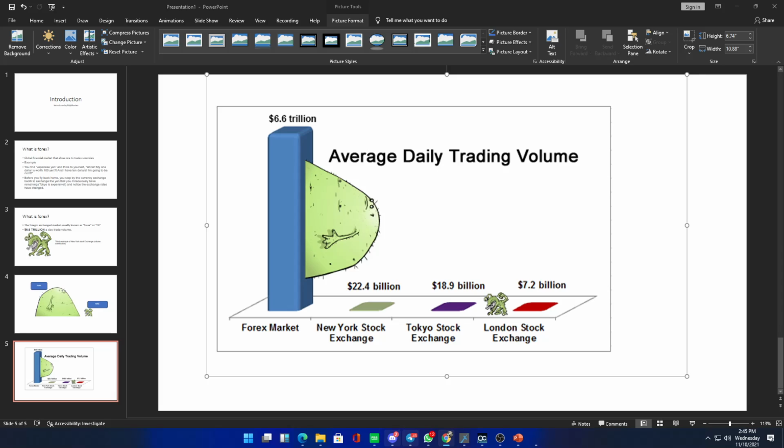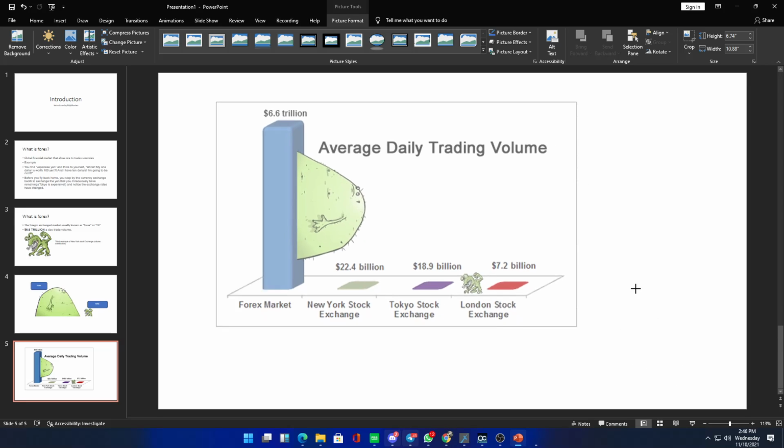Aside from its size, the market is also open virtually around the clock. Okay, this is important. The forex market is open 24 hours a day and 5 days a week, only closing down during the weekend. So this is what I'm going to highlight.